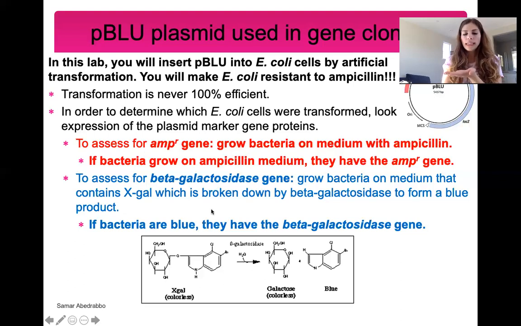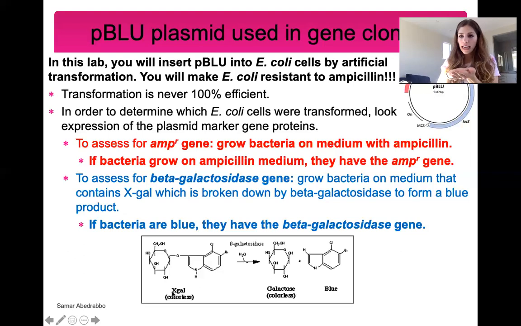You're also going to see, did they actually take up beta-galactosidase? Do they have beta-galactosidase? Did the transformation work? How you're going to test this is, remember, beta-galactosidase is an enzyme that breaks down lactose. We can add an analog of lactose, meaning something similar to lactose, in our media, and the analog is called X-gal.